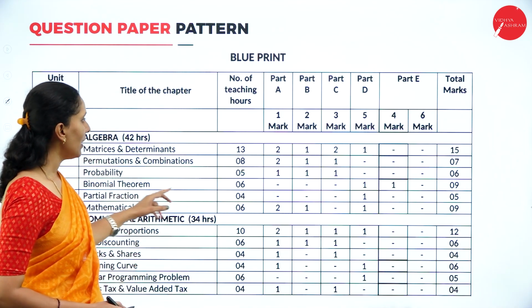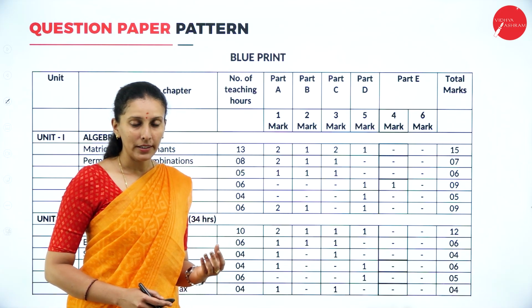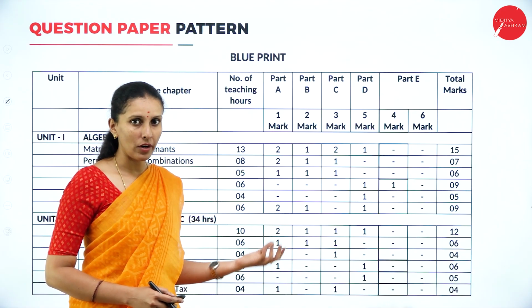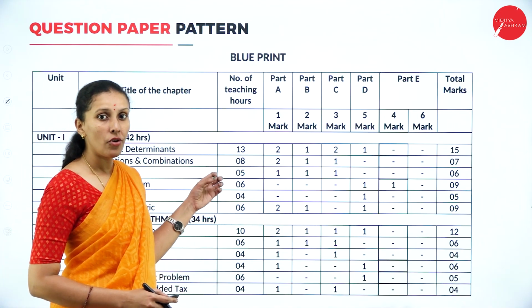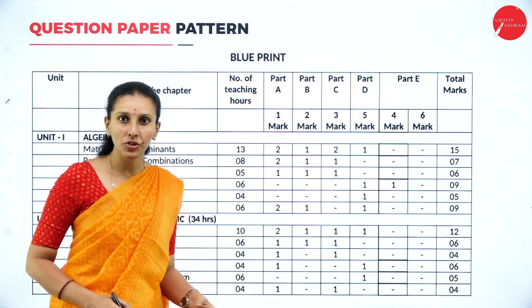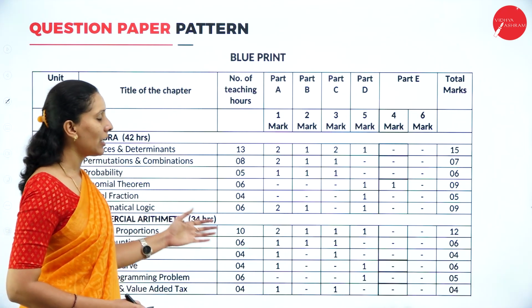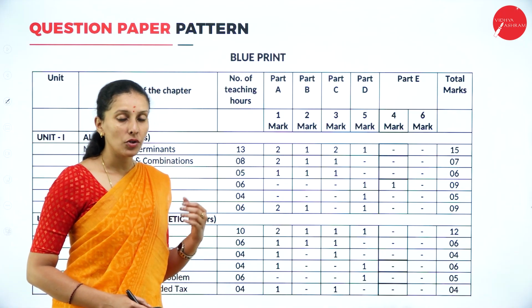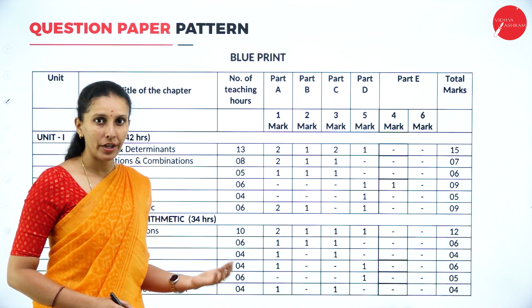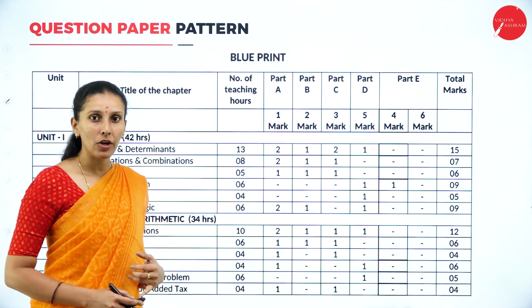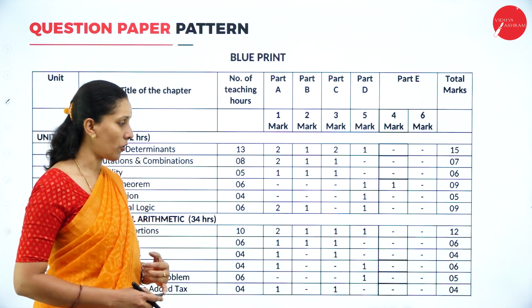In binomial theorem, it may be on finding an independent term or a constant term, or middle term, general term, etc. And partial fraction, you are supposed to resolve the given rational functions into simple partial fractions. Next, mathematical logic, where you are supposed to verify the given tautology or contradiction, or problems will be given on propositions to verify whether they are logically equivalent or not.